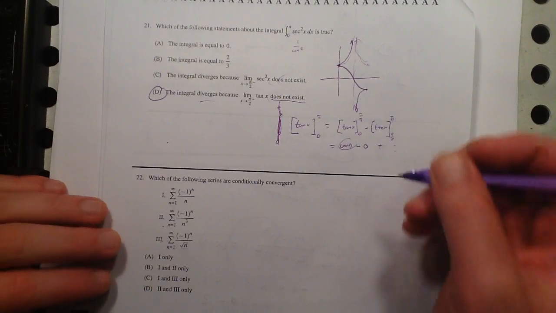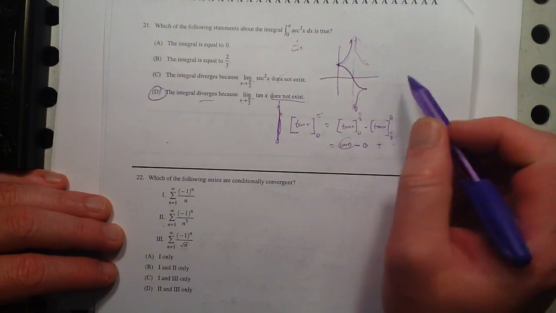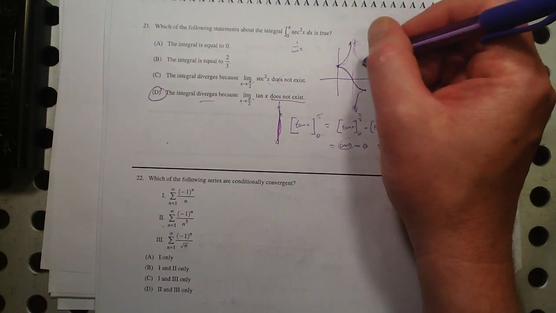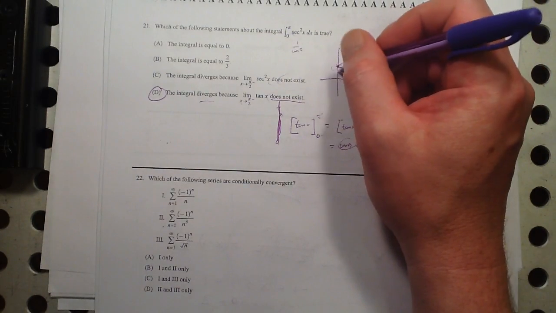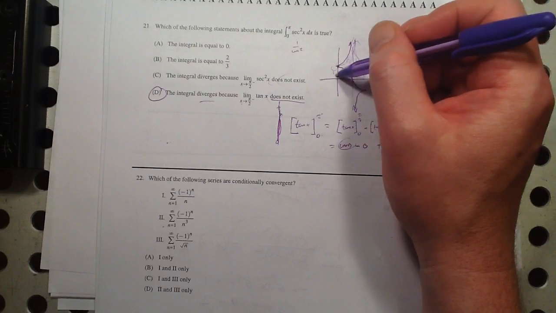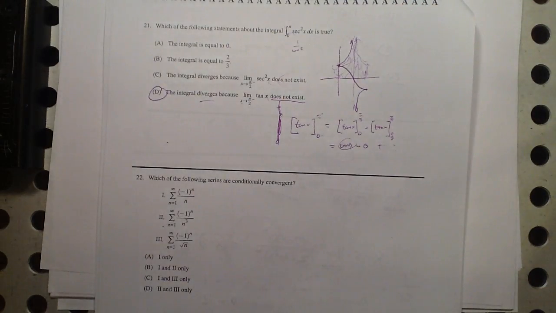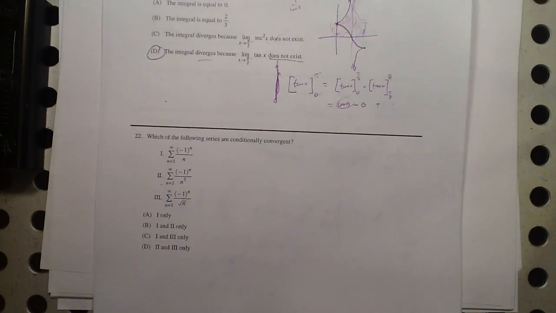If you just ignore that, and just try to go from 0 to pi, you're going to get that it's equal to 0, and that's not the case. And if you have some idea of the picture of that, at least you would know that if this integral does exist, it's clearly not equal to 0. Right? It would be some positive number, but it does not exist. So, tricky little improper integral there.